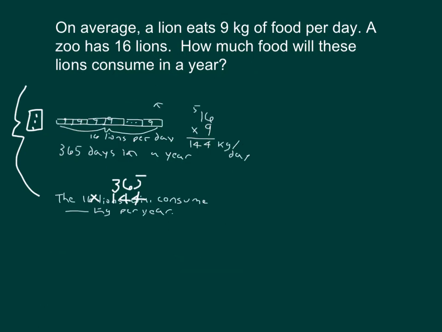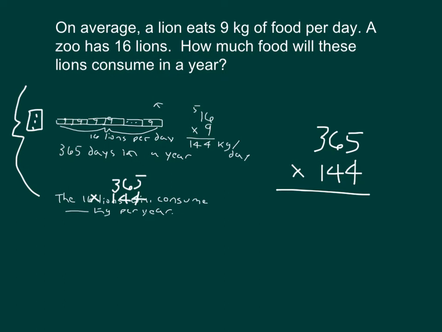Shrinking that a little to provide myself with some more workspace, that's 365 times 144, because there's 365 days in a year, and then the lions are consuming 144 kilograms per day. All 16 of those lions are eating that amount.